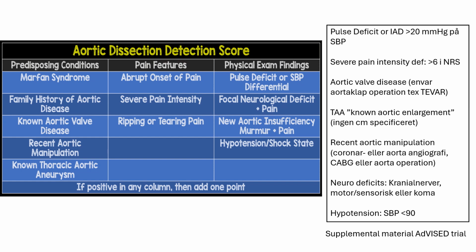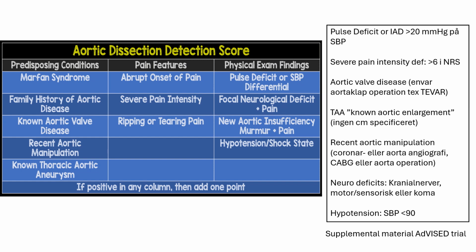The ADD-RS is made up of three columns: predisposing conditions, pain features, and physical exam. You can get one point from each column, meaning that if you have two features in one column, it only gives you one point. You can have as many of these features as you want, it only gives you one point. So you can maximally get three points and minimally get zero points.